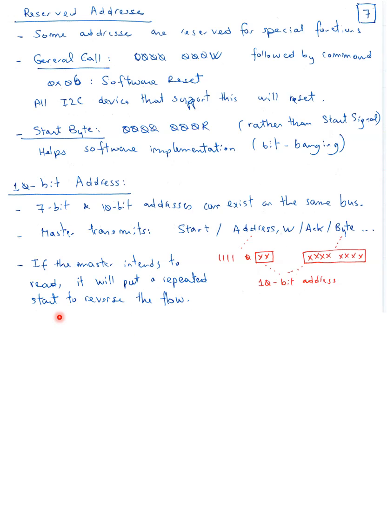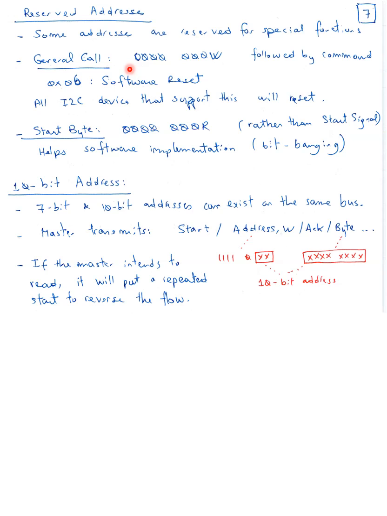Next, we're gonna look at some of the reserved addresses in I2C. So we have this address, all zeros, followed by the W bit. This is referred to as general call. And that means the master is calling all the devices because we want them to do something.